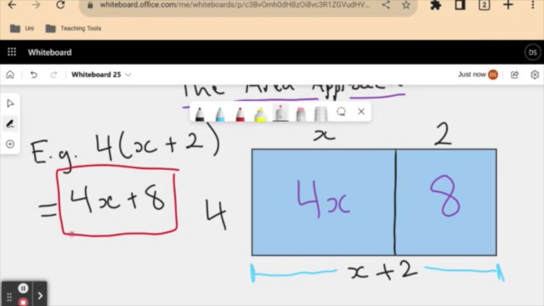To me, that looks like the process of first multiplying 4 with my first component and then adding that to when 4 is multiplied by the second component. And we get an answer. So that is how we expand brackets, especially when algebra is contained.